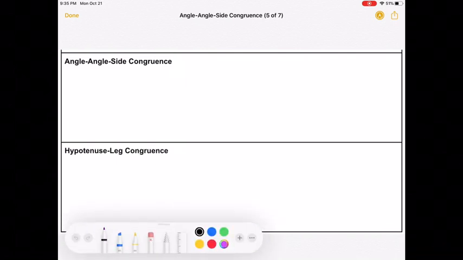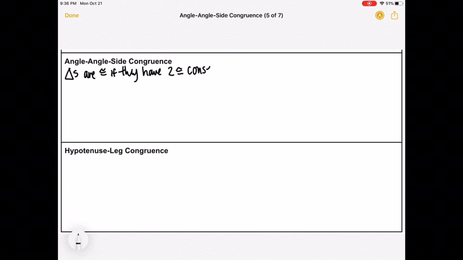Okay, our next one here is angle, angle, side. So here triangles are congruent if they have two congruent consecutive angles, and that just means right beside each other, right in a row, and a congruent adjacent side.